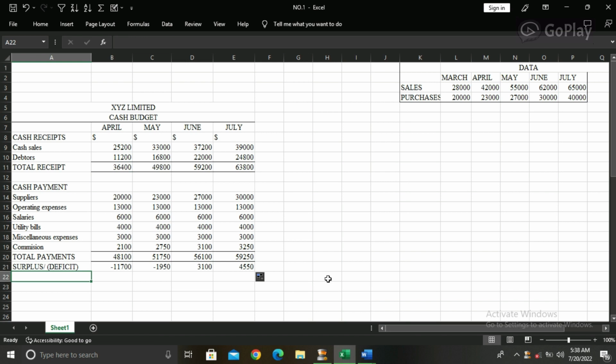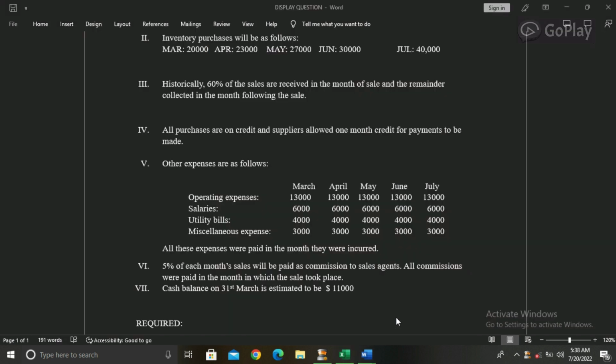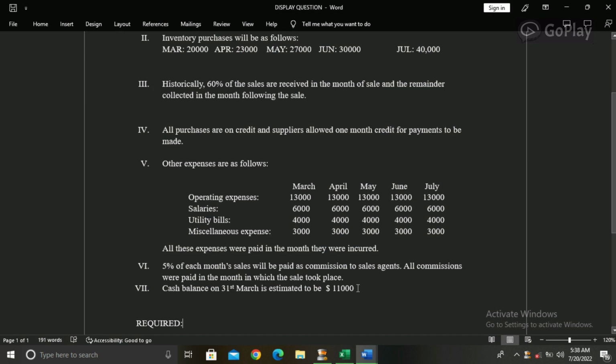Now, the next thing is to add your opening cash balance. That's the cash with which you use to start the month. Now, looking at the question, we have cash balance on 31st March is estimated to be $11,000.